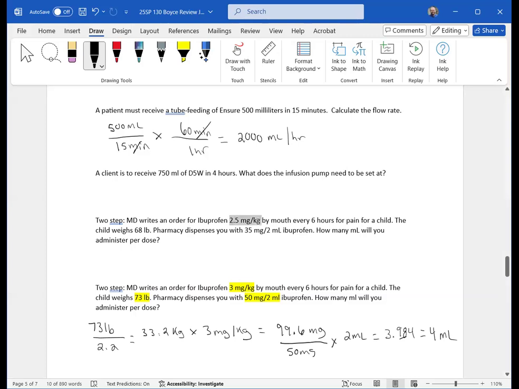So it gives me a couple pieces of information at 2.5 milligrams per kilogram. Now, when you see kilograms in your order, that's a good example that you're going to have to account for the patient's weight, because what that tells you is that the order is going to vary milligram wise depending on how much the patient weighs.